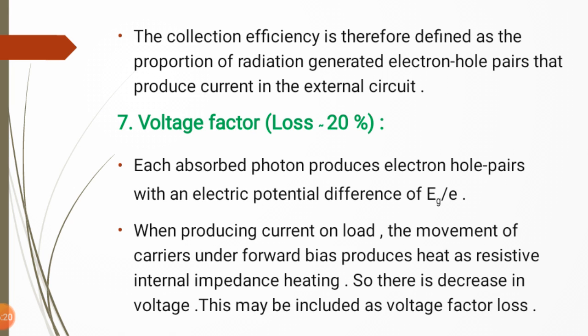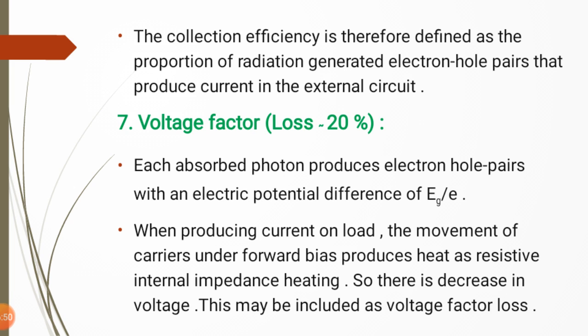Next parameter is the voltage factor, and this introduces losses of about 20%. Each absorbed photon produces electron hole pairs with an electrical potential difference of Eg divided by e, where Eg is the band gap and e is the charge on the particular carrier, that means the electron or hole, but the charge on both is the same.